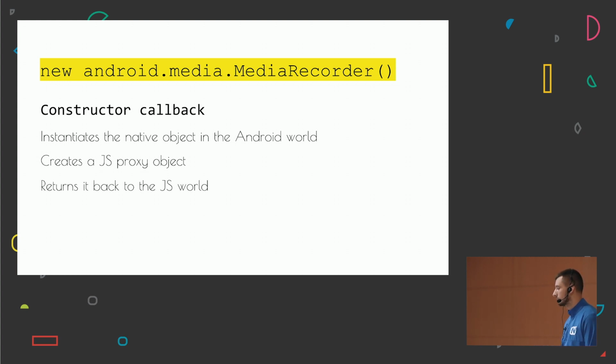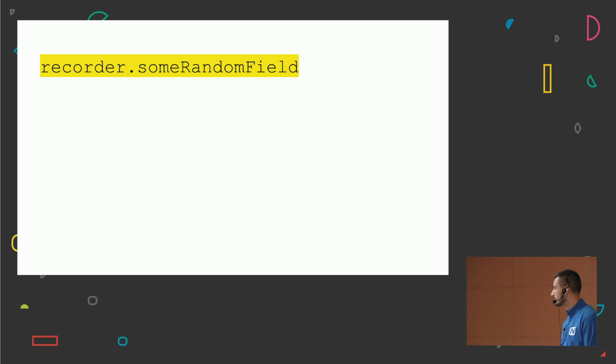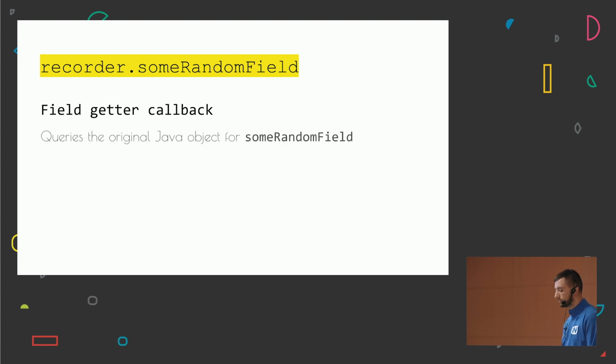We return that to V8, and for example, if we want to access some random field on the newly created instance, we receive a field getter callback from V8. And after that, we search into the native object to find this property and see what its value is.